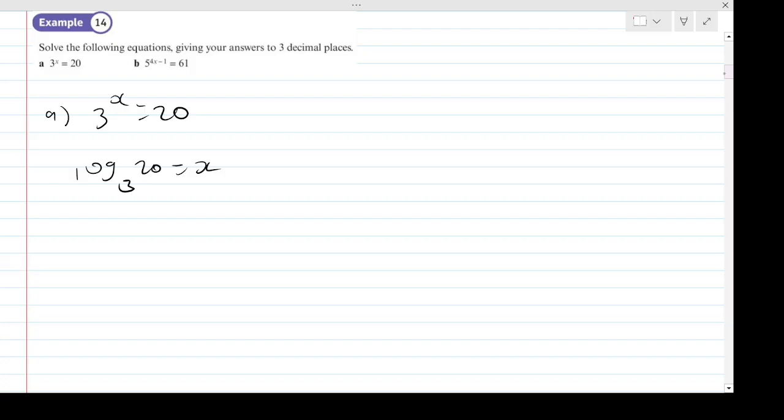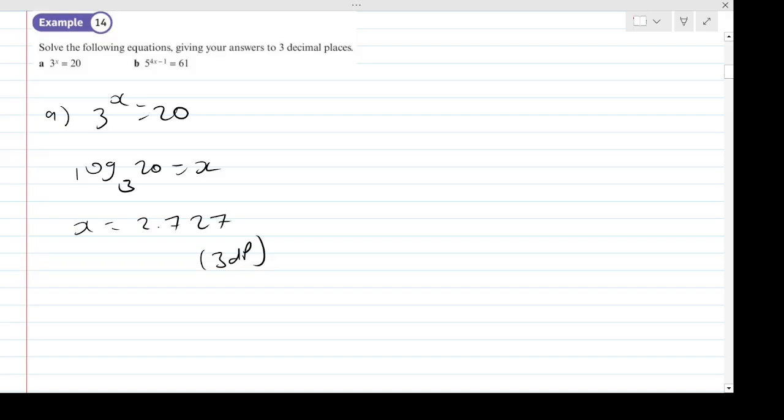And so at that point, I'll just put this in the calculator, right? So I put log base 3 of 20 in my calculator, and x would then be 2.727 to 3 decimal places. Okay, that's one way.